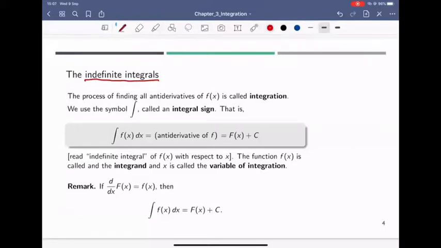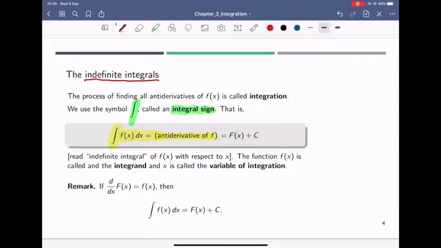Once you compute your antiderivative of f, we're going to give it a notation, this integral sign of f of x dx. I know that you have seen this sign before. This sign is called an integral sign. And by definition, we're going to define this integral sign of function f to be the antiderivative of f.